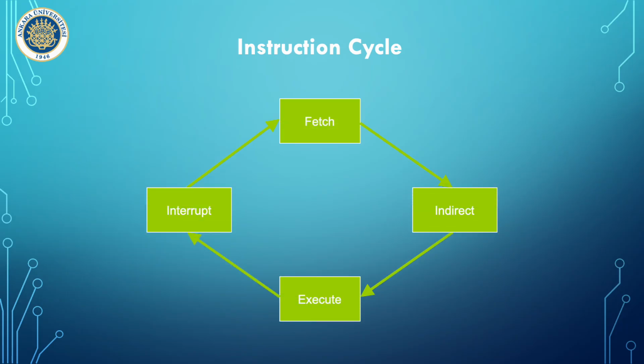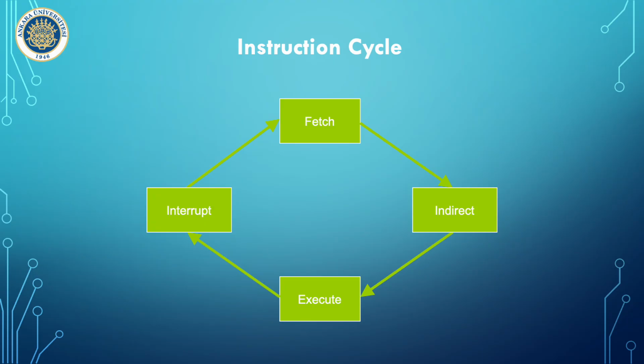And this diagram shows how control repeatedly moves through the different subcycles of the instruction cycle. Normally, execution flows from fetch to execute and back to fetch again. If an instruction uses indirect addressing, an indirect cycle is inserted before execution.